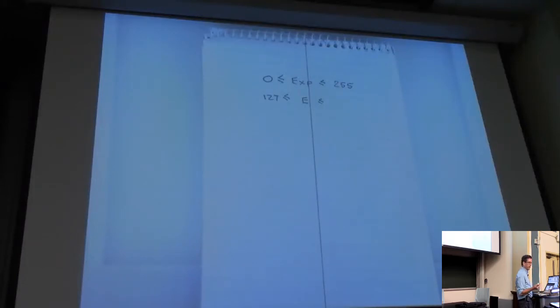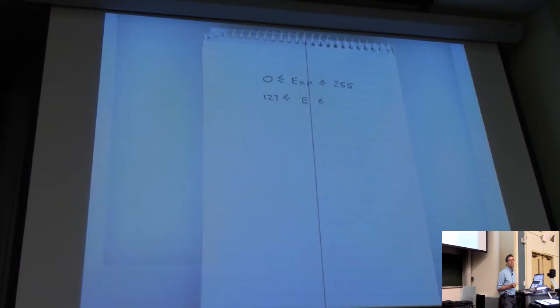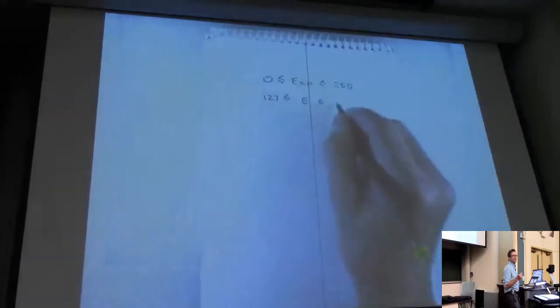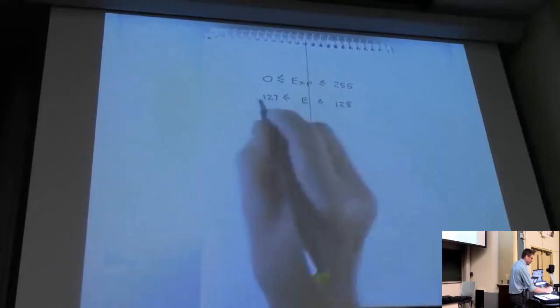Okay, so the smallest value of E is minus 127, and the largest value of E is, if we take the largest value of EXP, that's 255 minus 127, 128.